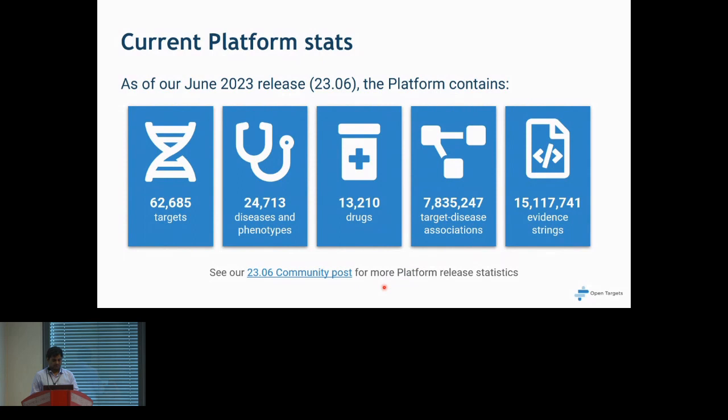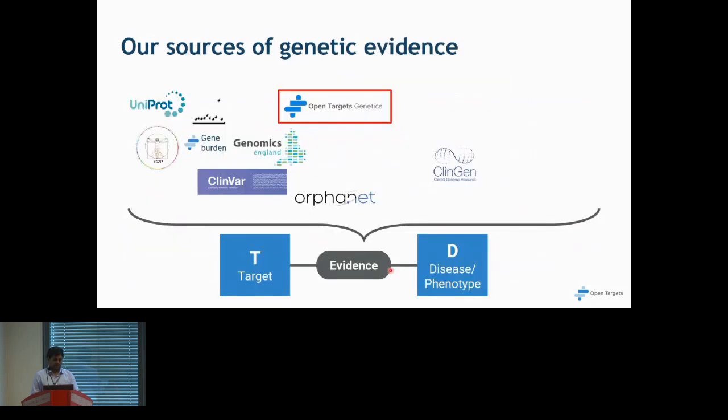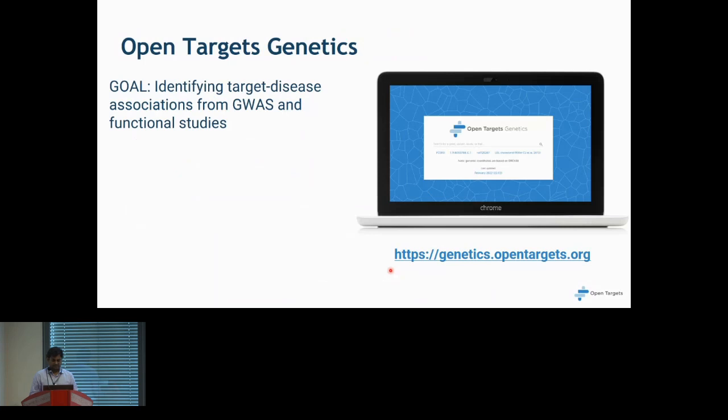and some of them are genetic evidence, but we also have a separate product called Open Targets Genetics. We created Open Targets Genetics with the goal of identifying target disease associations from GWAS and functional studies. The challenge is, how do you go from a variant associated with disease to causal genes? And Open Targets Genetics was established to address this challenge.